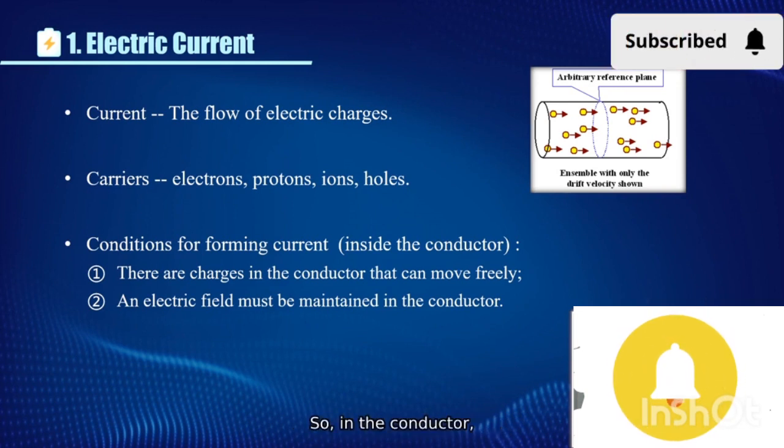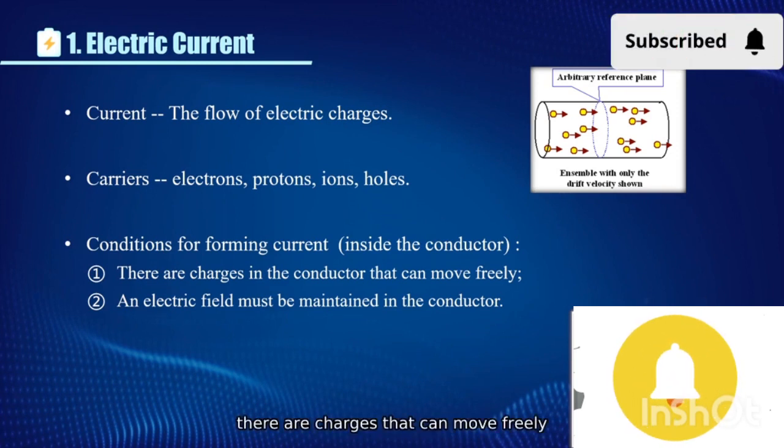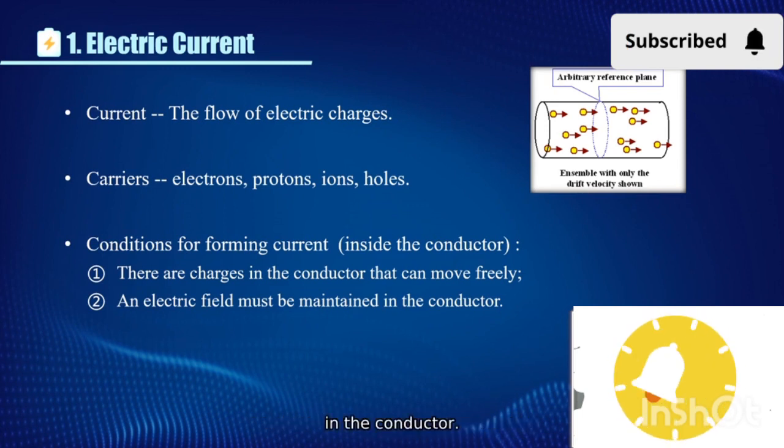So, in a conductor, how is the current formed? First of all, there are charges that can move freely in the conductor. Next, an electric field must be maintained in the conductor.